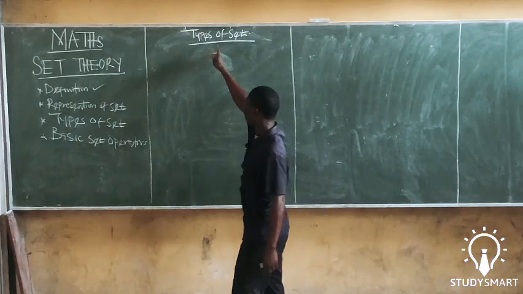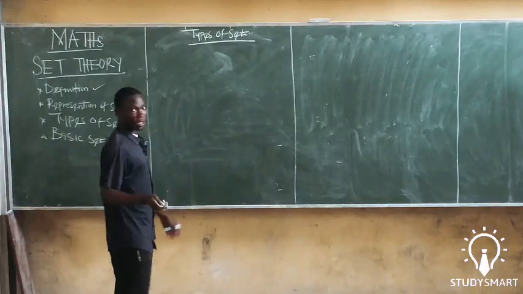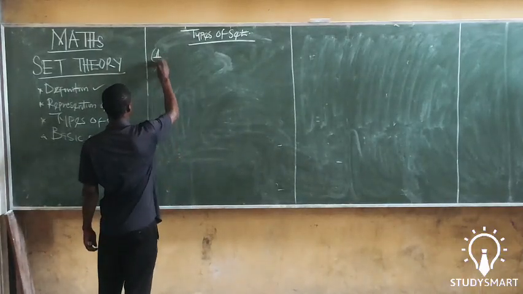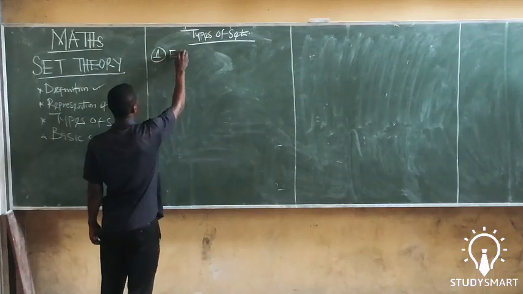Okay, types of sets. We have various types of sets. We have the empty set.